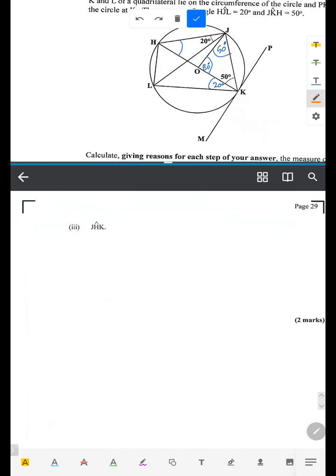This angle over here that I want is equal to this angle out here, because it is the angle between this tangent and the chord, and this chord is subtending this angle up here at the circumference.